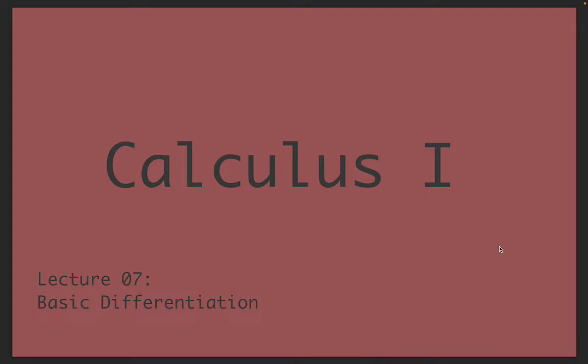Indeed it is. And so obviously a lot of work has been done by mathematicians to figure out quicker ways to identify the derivative function. And that's what we're going to get into this time.